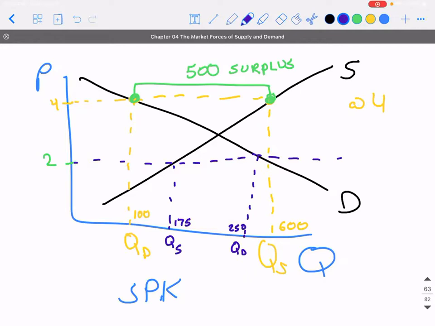I know the numbers don't look exactly nice looking here. But now what we see is at the price of $2, it touches the supply curve where we have 175 being offered for sale, but 250 people want it. So now we have a shortage of 75.